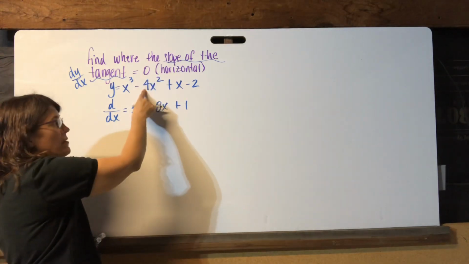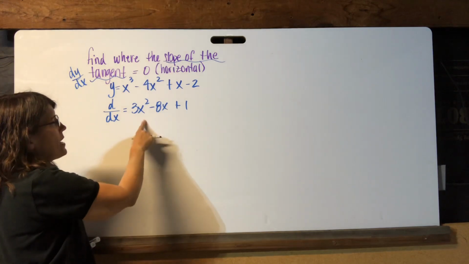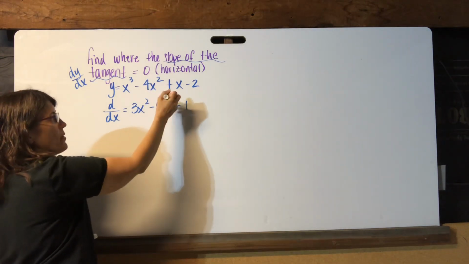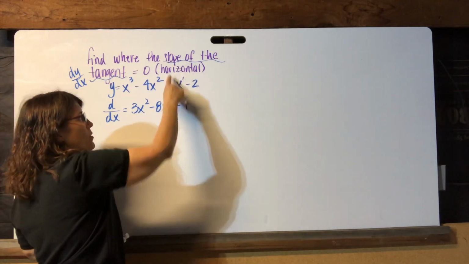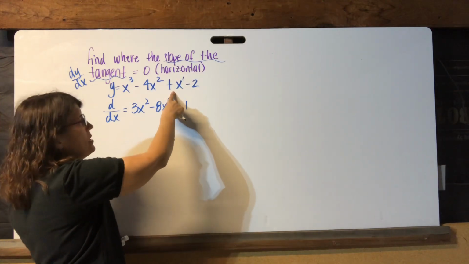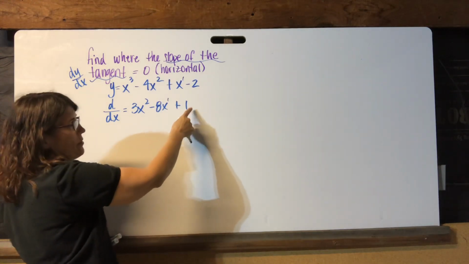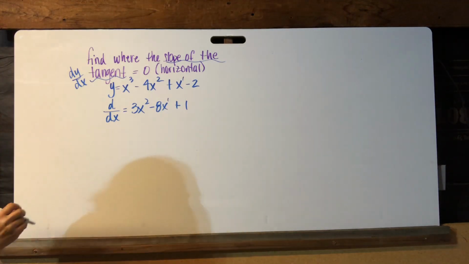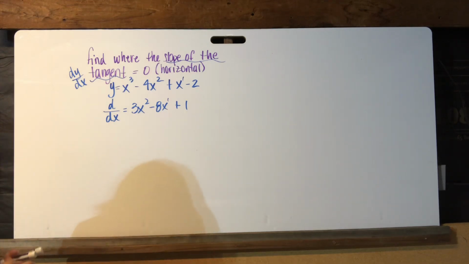Then the exponent 2, bring it down in front, multiply it by the negative 4 that was already there, negative 8, decrease the exponent by 1. Then x to the 1st, bring the exponent down to the front, which is 1, decrease the power by 1, which is 0, x to the 0 is 1. And then the negative 2, the derivative of a constant is 0. So it has no effect on the problem. Okay, so there's your derivative.